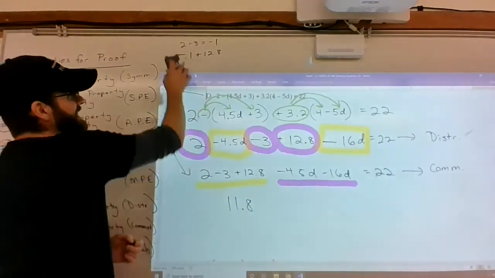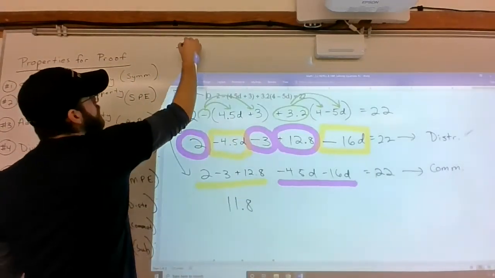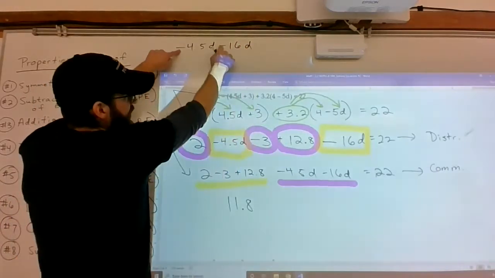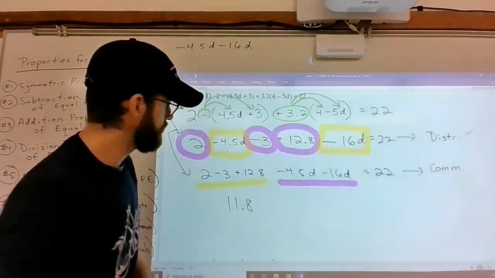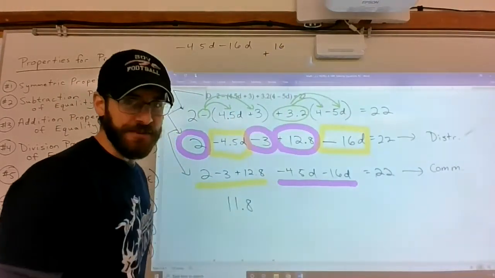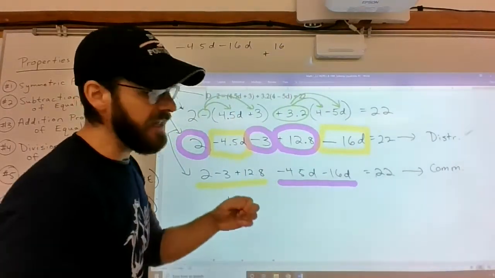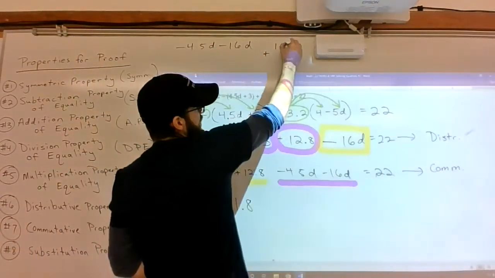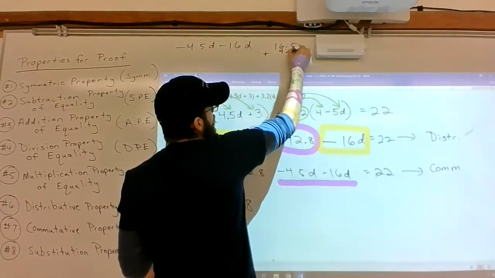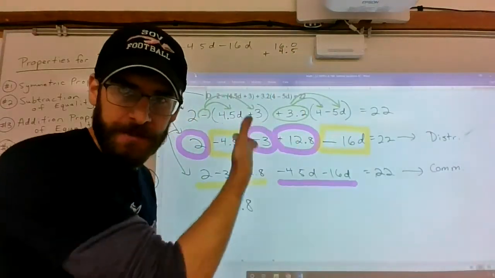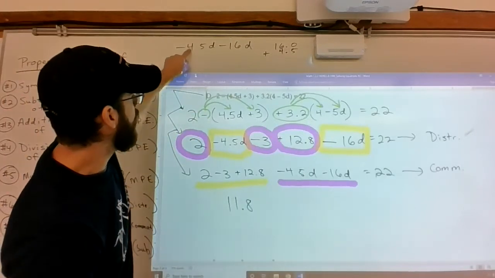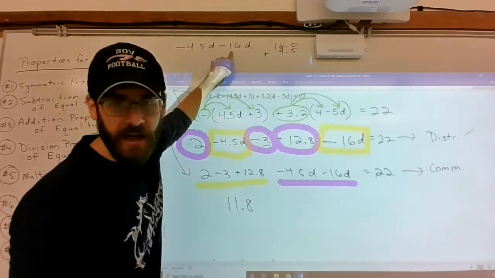-4.5d minus 16d. Same sign means you add the two together. So you take 16 plus, and if you're adding decimals, make sure you put the decimal lined up. So this is actually 16.0. This is 4.5. The reason is we need the place values to be stacked. You would not stack a 1's value with a 10's value.